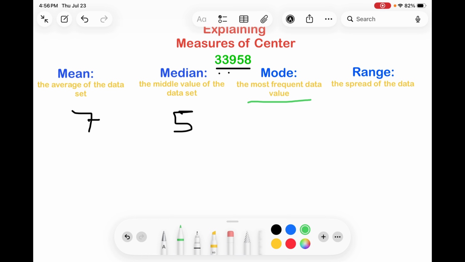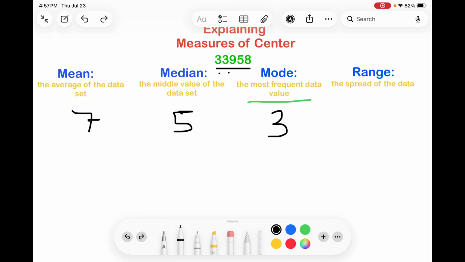Let's say the data set is 1 to 5, 1, 2, 3, 4, 5, and suddenly you get 50 out of nowhere. And 50 is reoccurring the most number of times. That means the average, the mean, will pull itself closer to the bigger number because there's more of the bigger number. That's what the mode gives you an idea of. So the mode is 3. And don't worry, we will go over the formulas at the end. So let's move on to range.